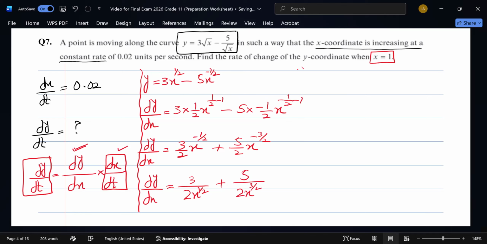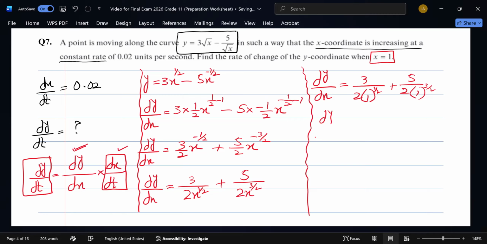Now we substitute the value of x as 1 in dy over dx. It's going to be 3 upon 2 times 1 power half, plus 5 upon 2 times 1 power 3 upon 2. So dy over dx is going to be 3 upon 2 plus 5 upon 2. So dy over dx is going to be 4.